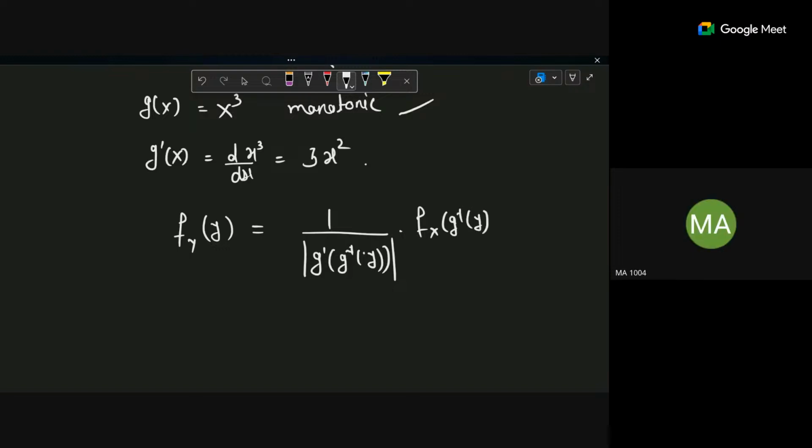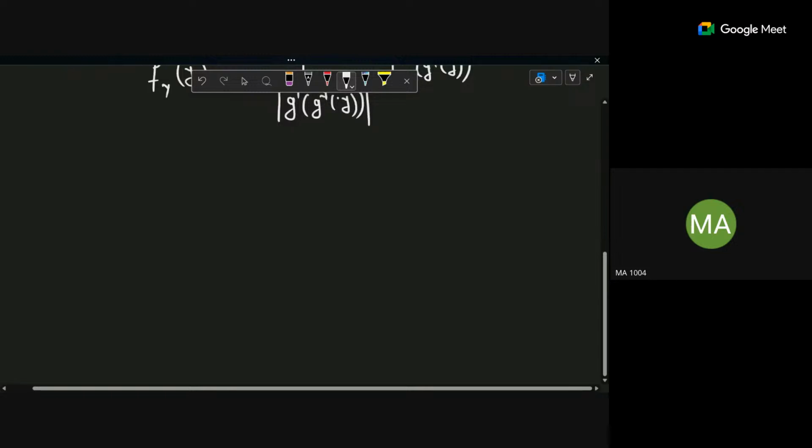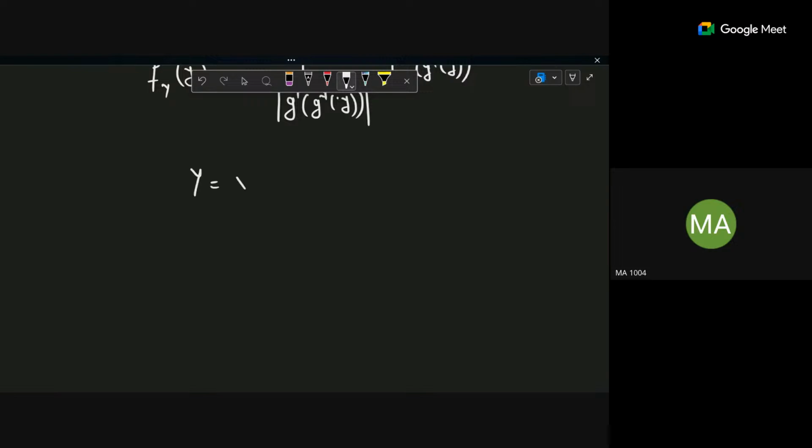Your y is x cube, and that is your g of x. So if I want g inverse of y, it will be y raised to the power 1 by 3. Is it fine for everyone? Any doubt here? No, ma'am.